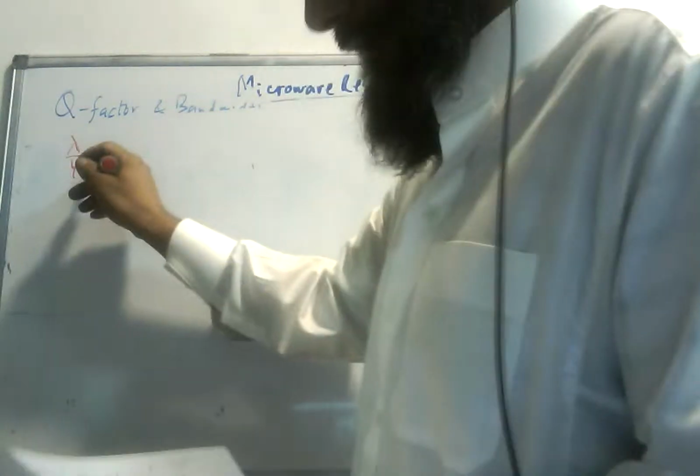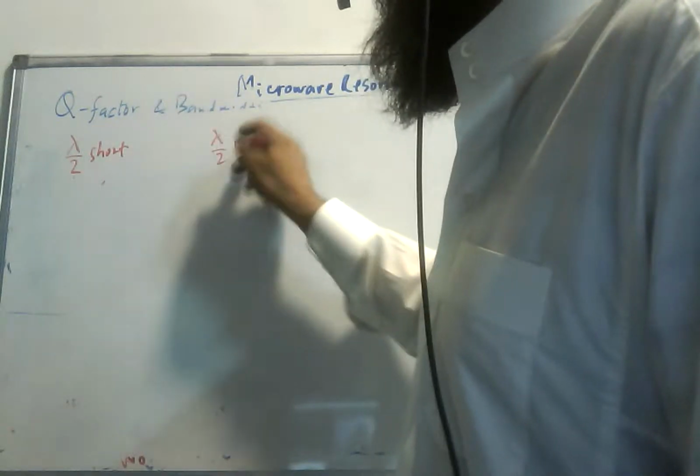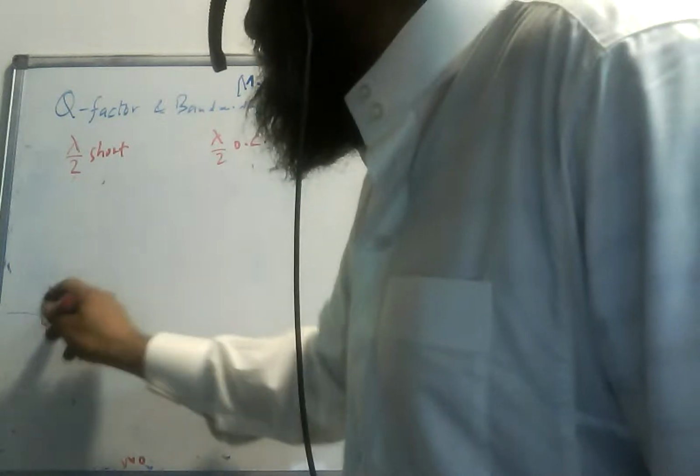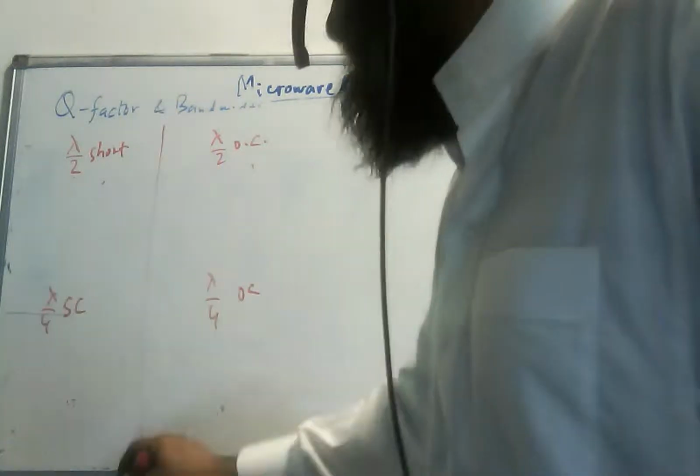Let me show you those equivalents. Let us look at 4 equivalent circuits. We are not going to go into the proof. I have lambda by 2 short circuit, lambda by 2 open circuit, lambda by 4 short circuit, and lambda by 4 open circuit.